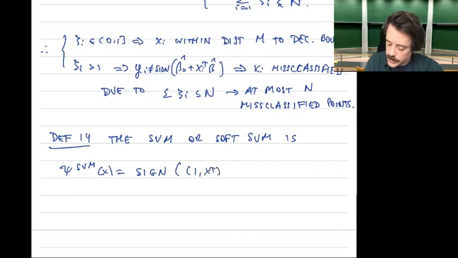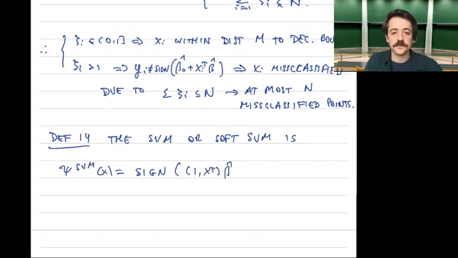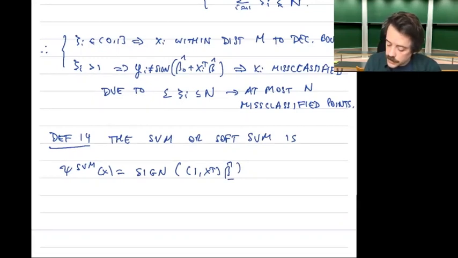So we classify x according to the sign of this. Okay, and of course this guy is as above, and N is greater than 0.